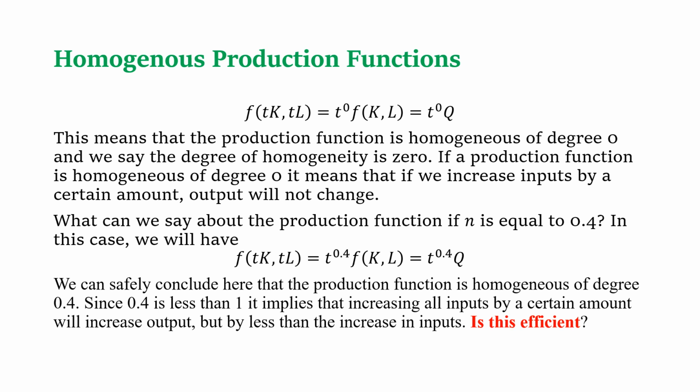So if, let's say, we increase the inputs 3-fold, and the production function is homogeneous of degree 0.4, then the output is going to increase, let's say, 2-fold. Instead of 3-fold, it's going to increase 2-fold.